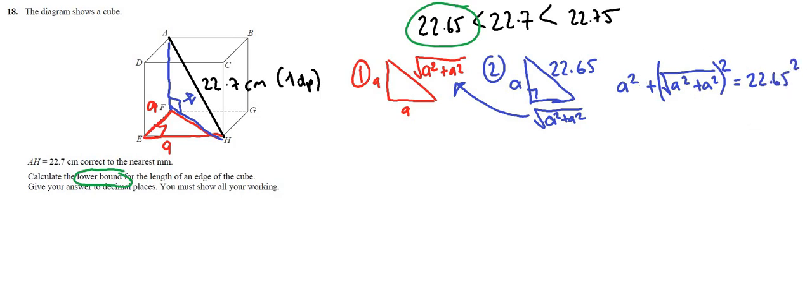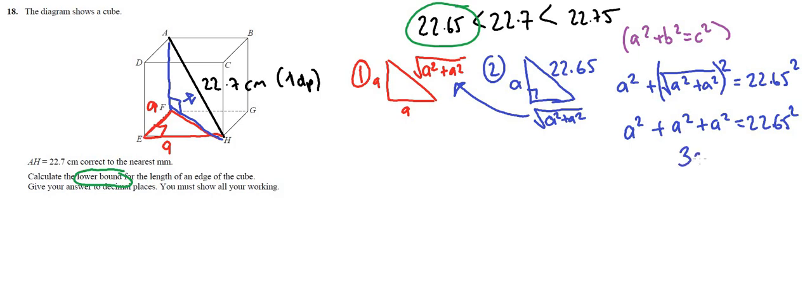So this is basically just Pythagoras, A squared plus B squared equals C squared, where C is the hypotenuse. Now A squared is just A squared. If I square the bracket, I multiply it by itself. Remember, a square root times itself is just the thing inside the square root, so I've got A squared plus A squared. Let's collect these together: 3A squared is equal to 22.65 squared.